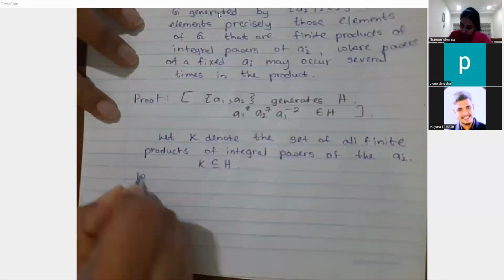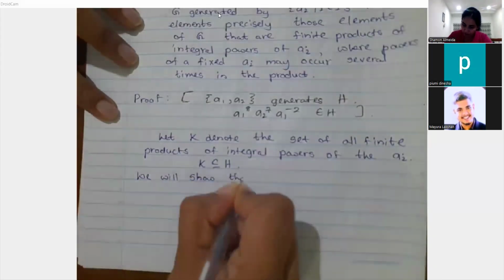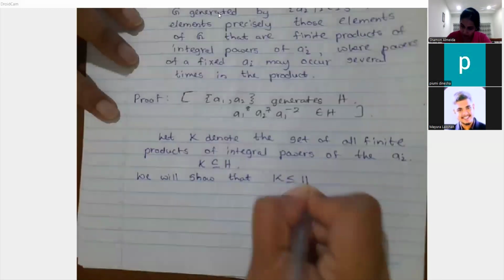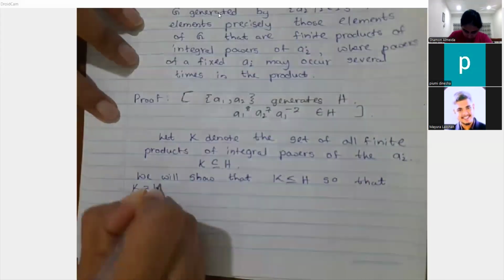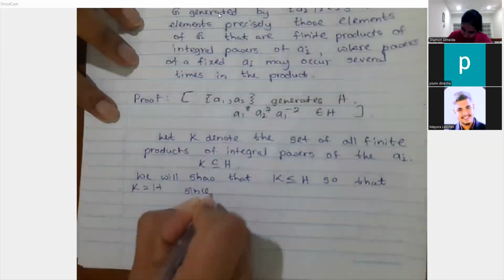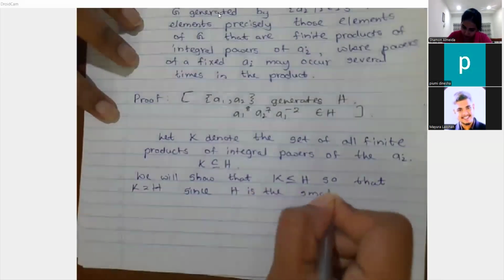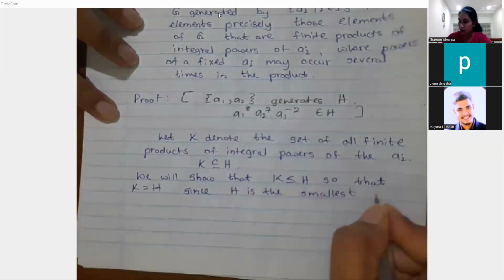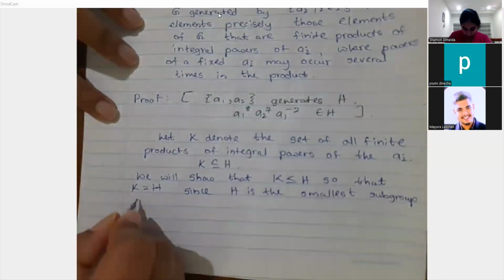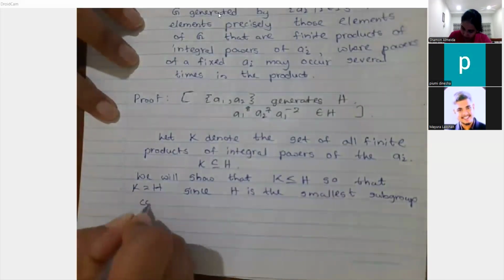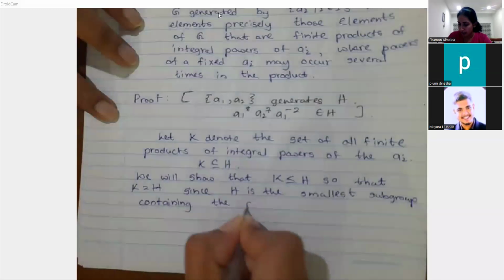Okay, we will show that K is a subgroup of H so that we can conclude K equals H, since H is the smallest subgroup containing the a_i.